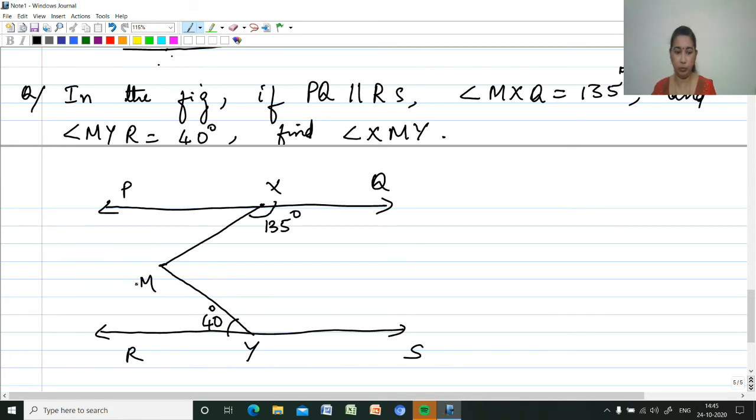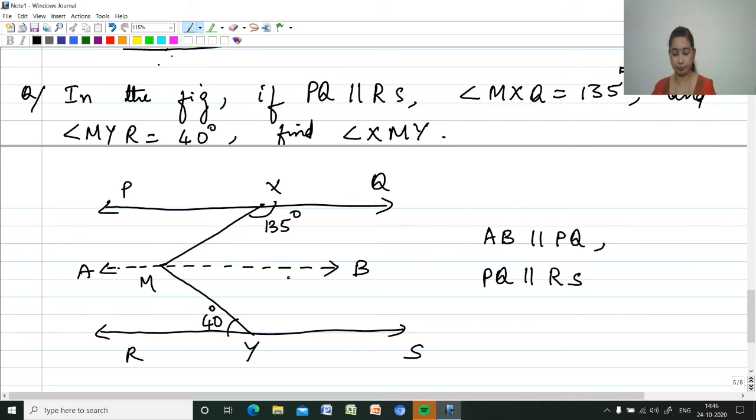The line AB I am going to draw here is parallel to PQ, and PQ we already know is parallel to RS, and it is passing through M. Now we need to find angle XMY. Since AB is parallel to PQ, and PQ is already parallel to RS, we know that these three lines are parallel.